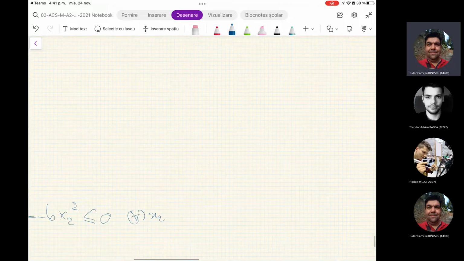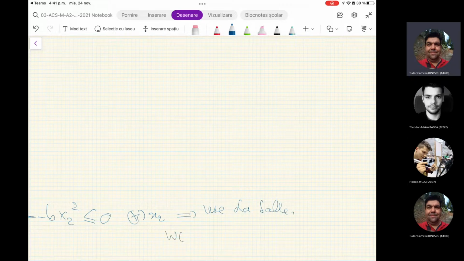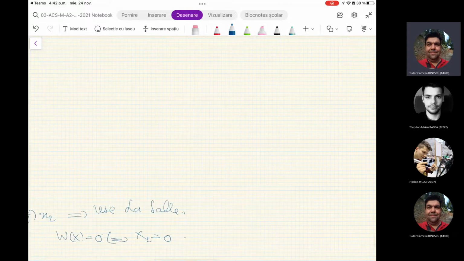And here, using LaSalle, okay? V dot equals 0 if and only if x2 is 0, which means x2 dot is 0.